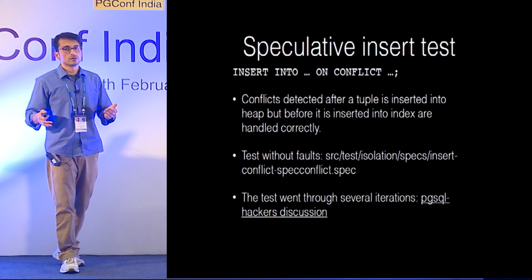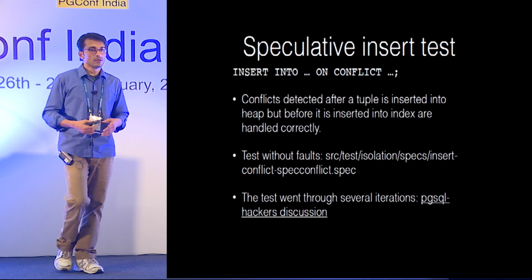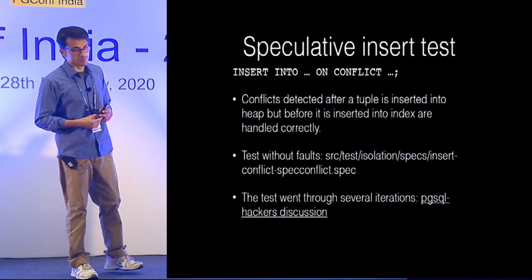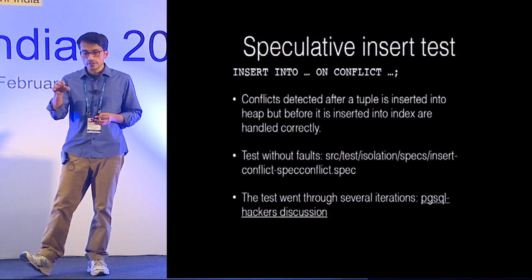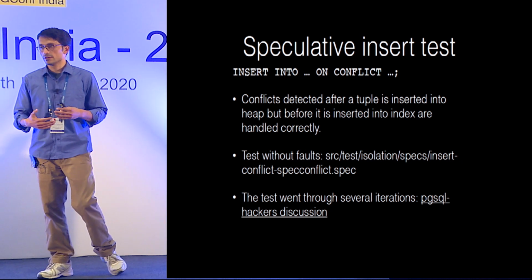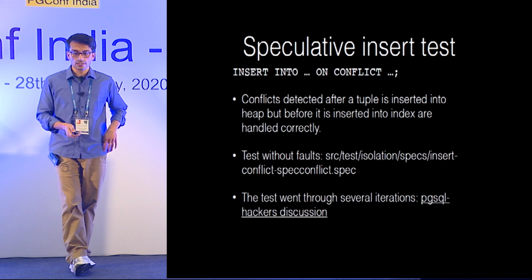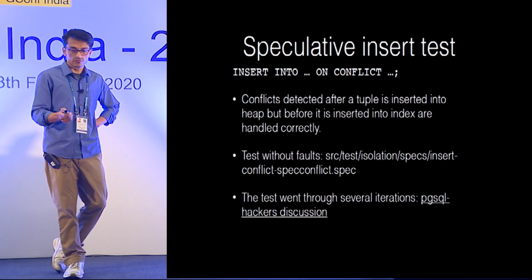The first draft seemed okay, but after, let's say, 10 runs it would fail intermittently, 4 times. So it's very hard to get such an interleaving of transactions reliably, in a repeatable way. So you need something like fault injectors, and let's try to write this test using faults.